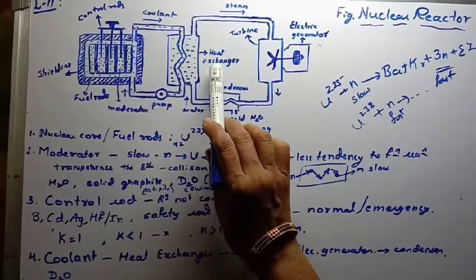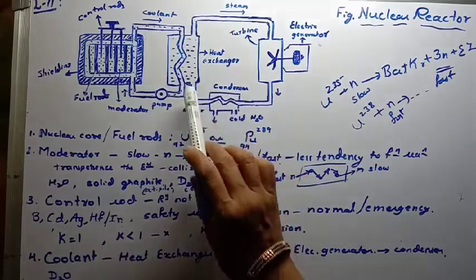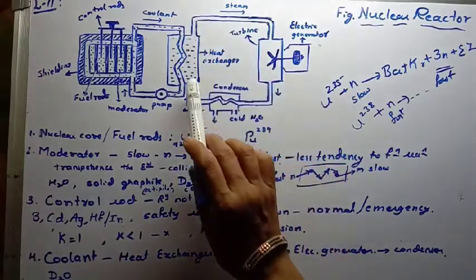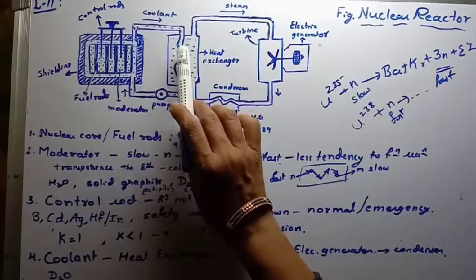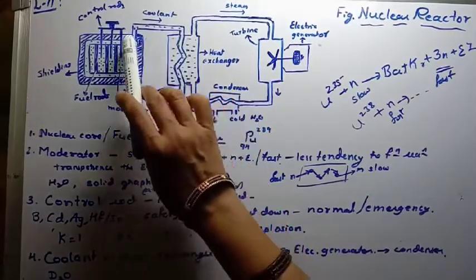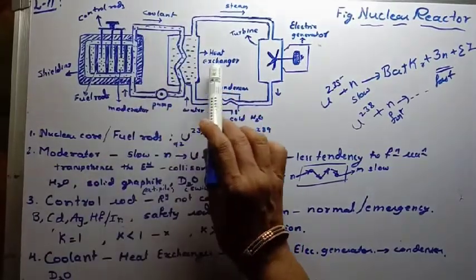That hot coolant will enter this heat exchanger. This is a chamber where cold water is circulated, and the hot coolant which comes out from the core enters this heat exchanger.